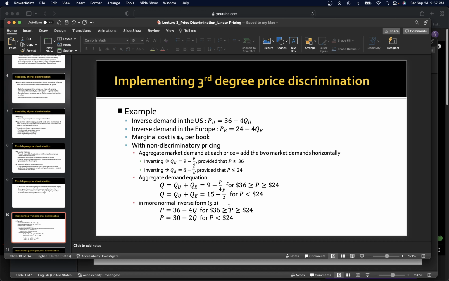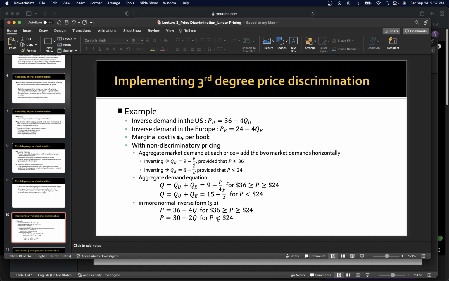For example, if price is equal to 24, then price divided by 4 is 24 divided by 4, that's 6. So 9 minus 6, that's 3.